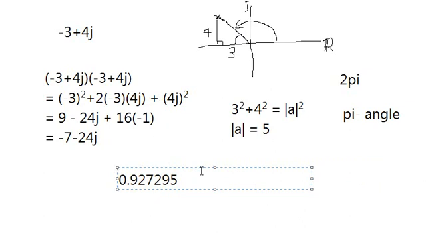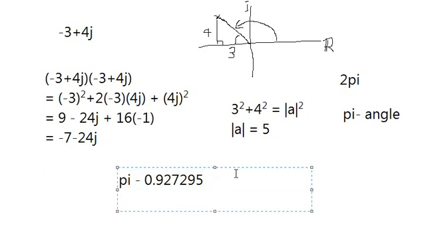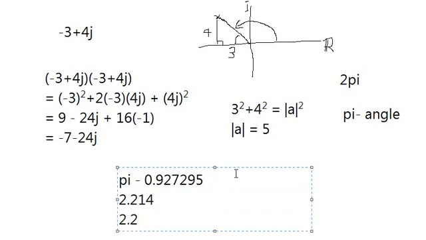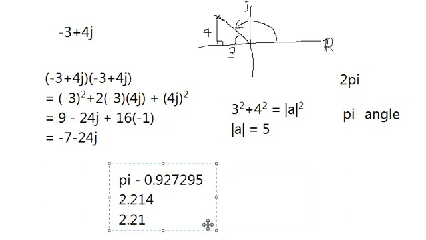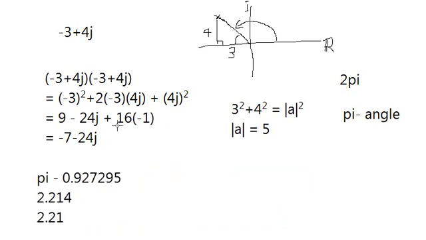So we do pi, subtract that, and you get 2.214 radians, and you can write that in 3 significant figures, and you won't be penalized for giving a slightly inaccurate answer. So the angle is 2.21 radians.